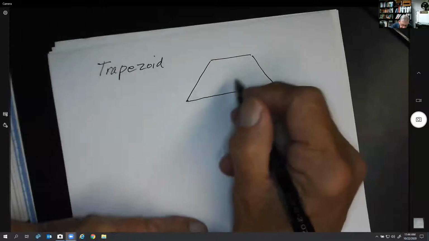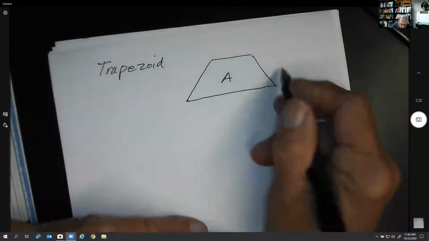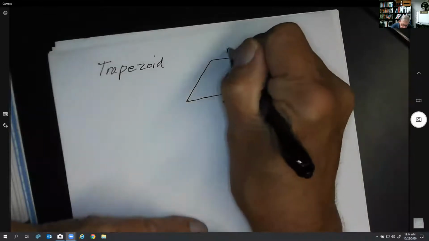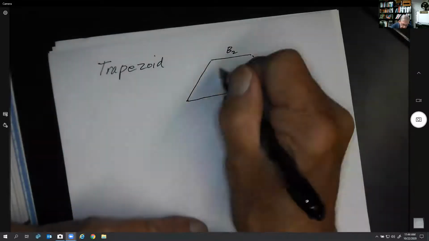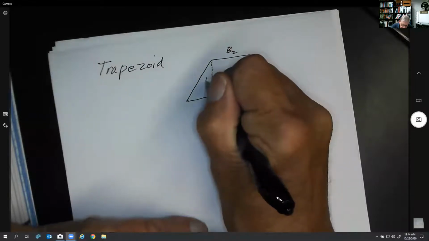But if we want to find the area inside here, we call this base 1 and base 2. We could call it the bottom and the top if you wanted to. And we need a height coming up and down.